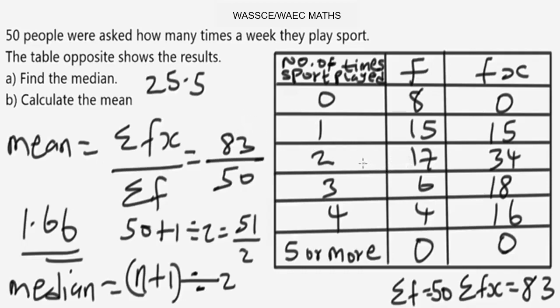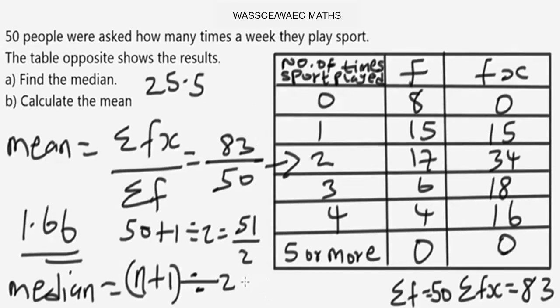This tells us that for this 17, the number of times sports played is 2. So this 2 here is for the 17 frequency value. This 2 here will be our median. So our median will be what? 2. Okay, so it's as simple as that.